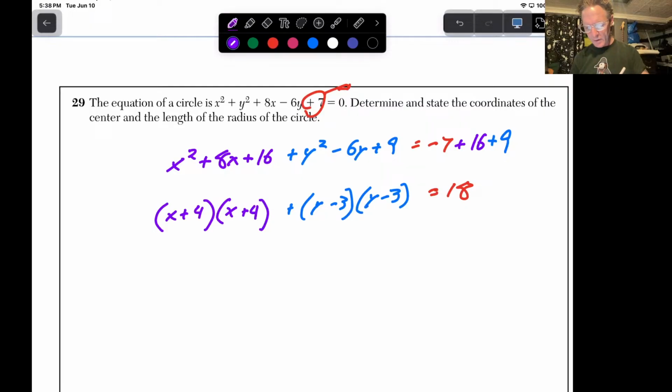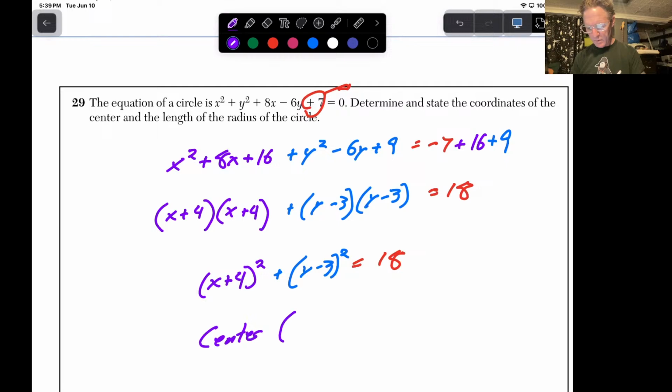So then you're going to be left with x plus 4 squared plus y minus 3 squared equals, well, no, it just equals 18, right? And then your center is -4, 3, because remember you changed the sign, and then the radius is radical 18.